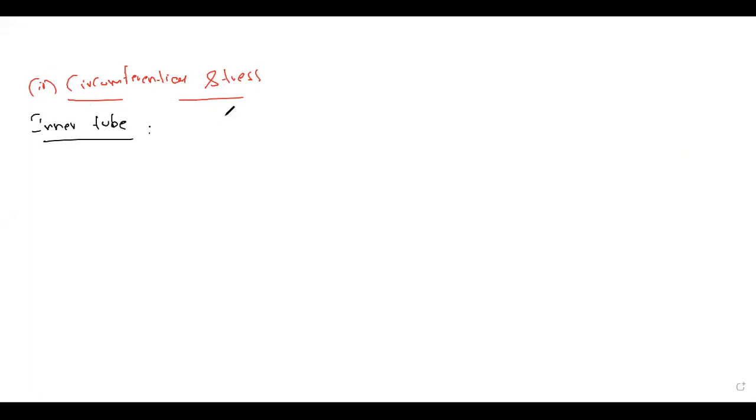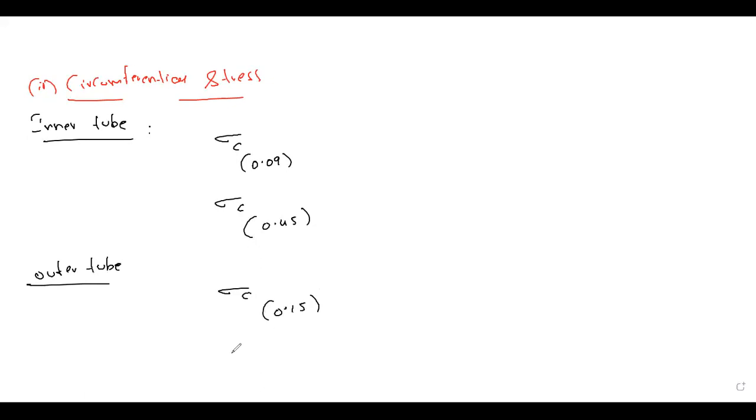Let's look at the circumferential stress in the inner tube. What are the formulas to calculate the circumferential stress at the inner tube? Sigma c at 0.09 radius, sigma c at 0.45 radius. For the outer tube, sigma c at 0.15 radius and sigma c at 0.09 radius. Substitute all the values. 0.189 by 0.09 square minus 93.7.